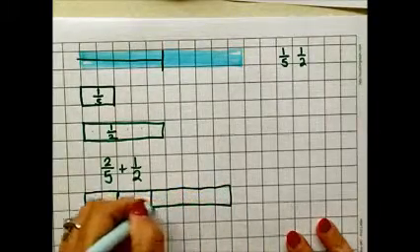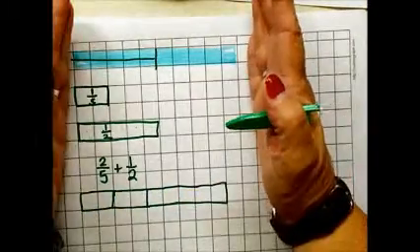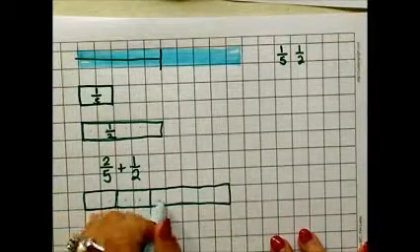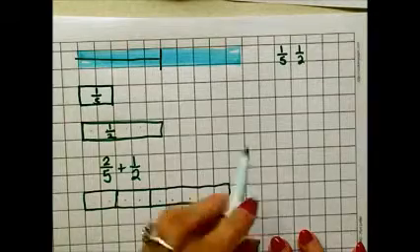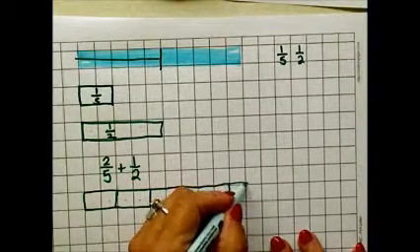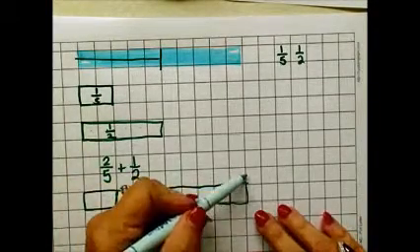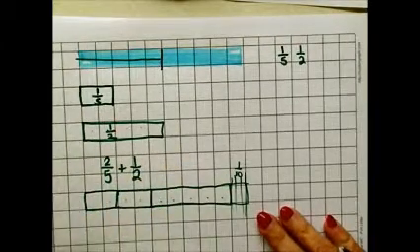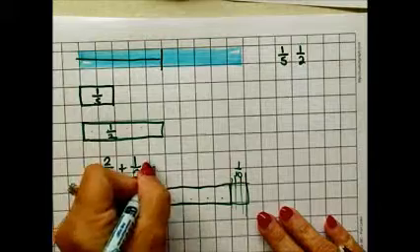Now remember my whole piece has 10 blocks. So I have 1, 2, 3, 4, 5, 6, 7, 8, 9, 10. So it has an additional piece out here. So basically I'm using everything but 1/10. So when I add these two fractions together, I should get 9/10.